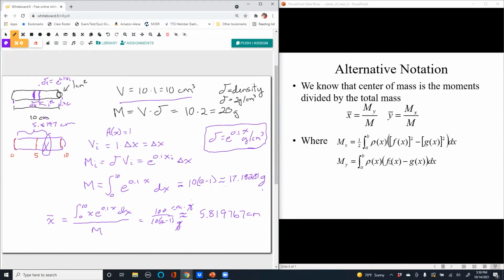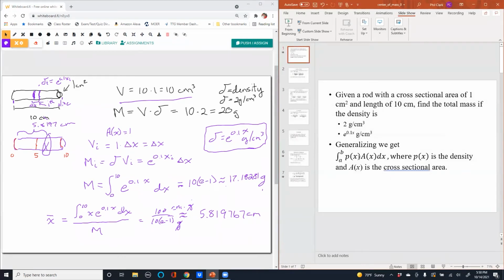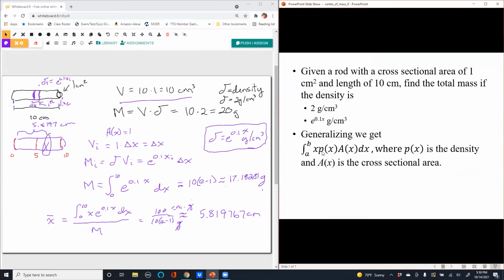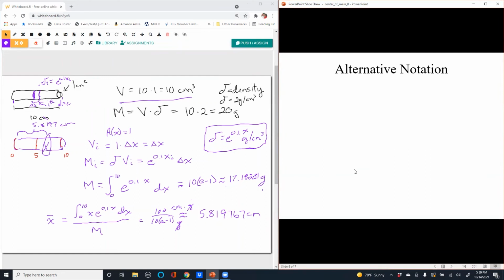Oh, and look, sorry guys, there's a typo in here. Let me fix it. Like I said, there's an extra x in there. It should be x times our density times the cross-sectional area.